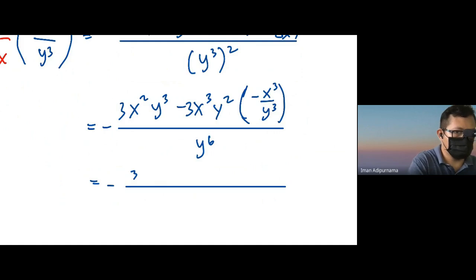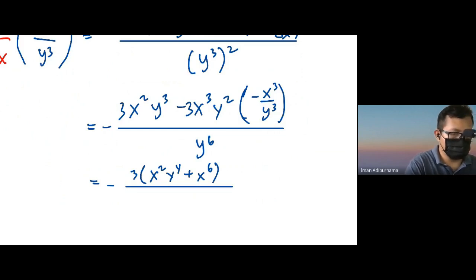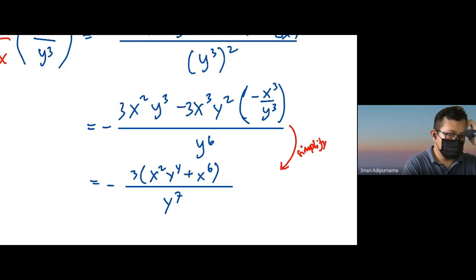Maybe directly write this as x squared y to the 4 plus x to the 6. Okay. Simplify. And then this will be y to the 7. So you simplify this and get this. And I think we can factor x squared.